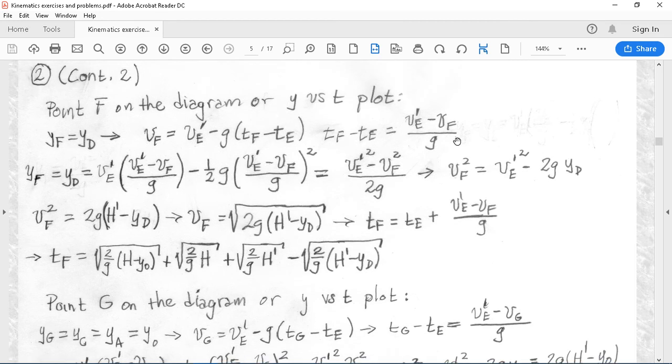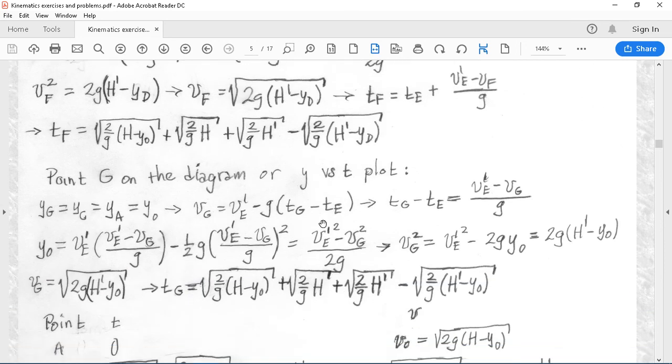Replacing this here, remembering that tE is this, and that vE prime over g is this, and minus vF over g is this, we get tF equals this.